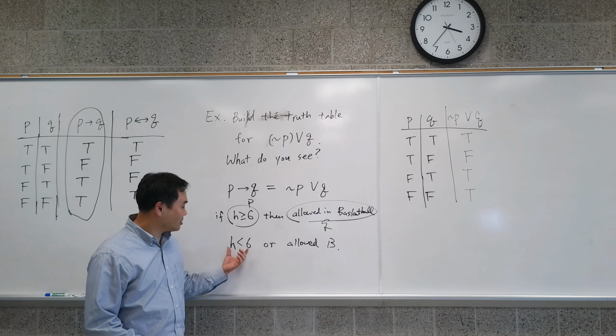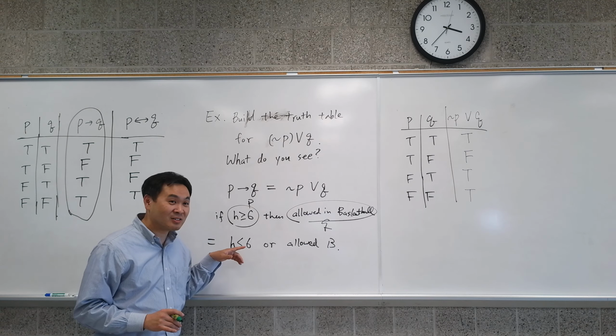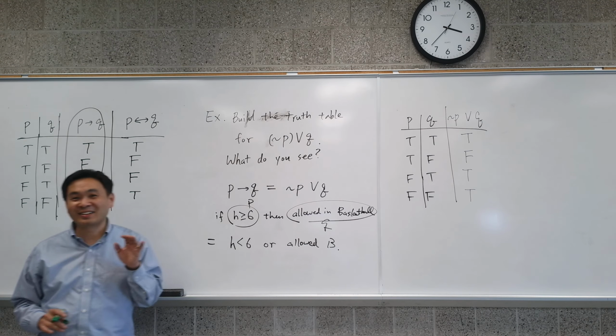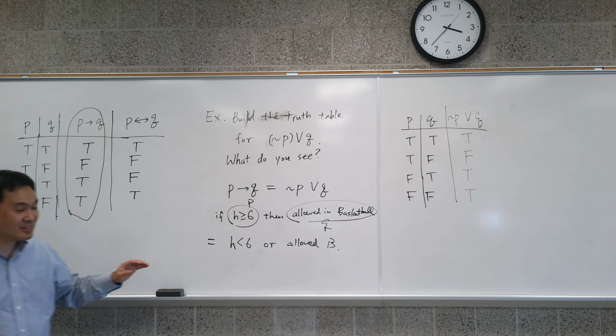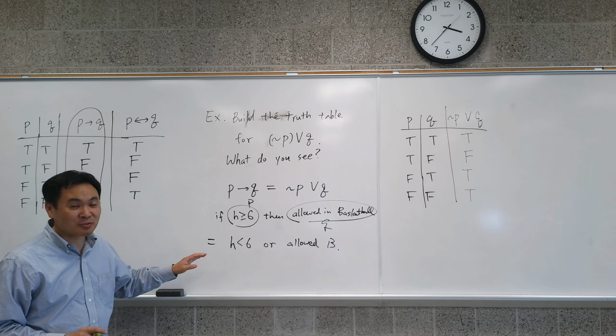The first one is saying, if anyone's 6 feet or more, he's welcome. The second one is saying, for every student in this high school, we can say that the following statement is true: that person is less than 6 feet or he's allowed to be in the basketball team. Do you see that they have the same statement? For every student, the following is true.